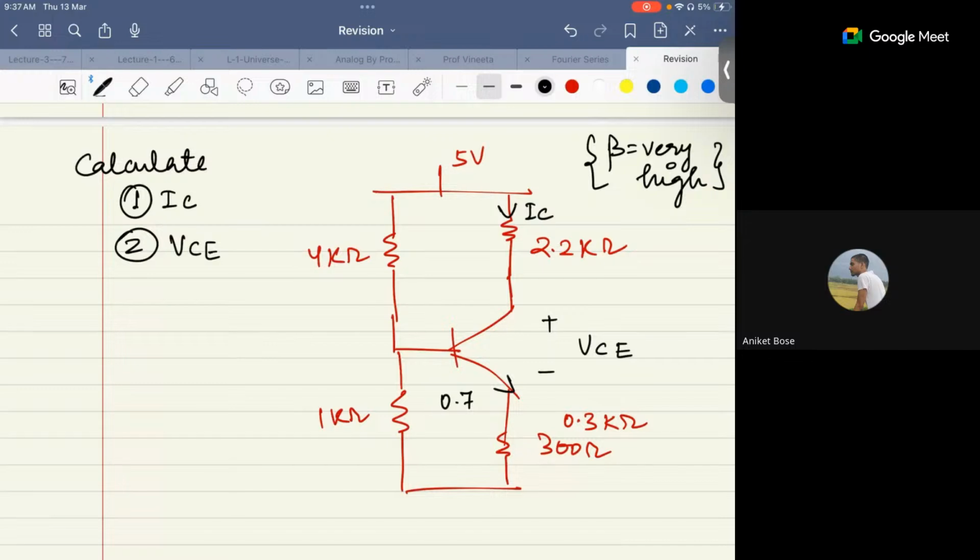If you have been given that beta is very high, or infinite, that means they're just telling you that the base current is zero. Nothing else.